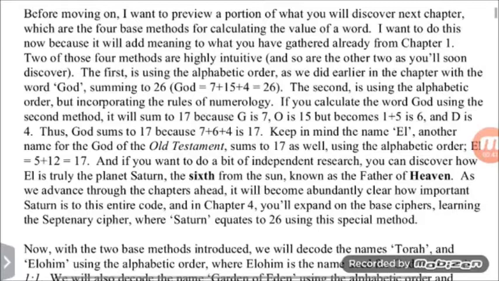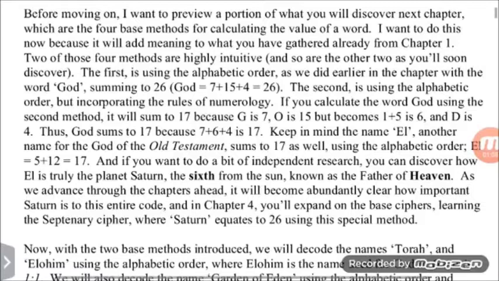The second is using the alphabetic order, but incorporating the rules of numerology. If you calculate the word God using the second method, it will sum to 17, because G is 7, O is 15, but sometimes 1 plus 5 is 6, and D is 4.